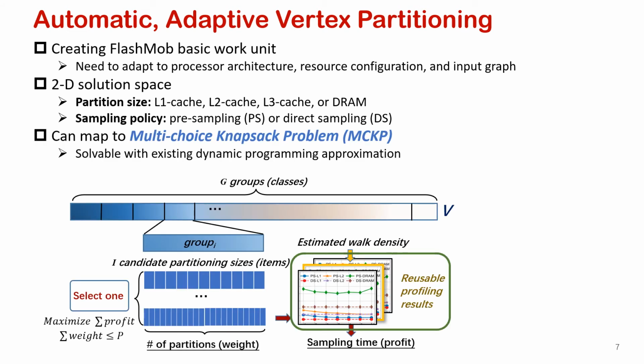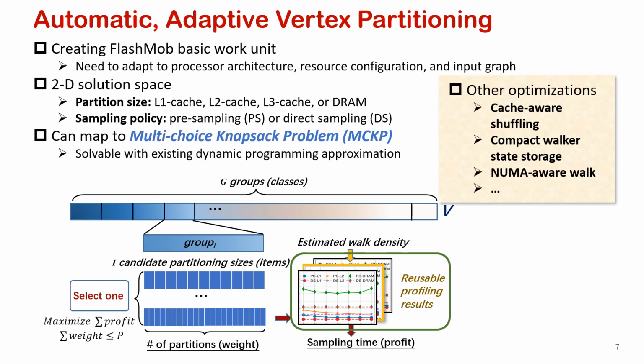Fortunately, we found this maps well to an existing optimization problem called MCKP, the multi-choice knapsack problem. It is NP-hard but has a pseudo-polynomial dynamic programming solution. We won't have time to get into the details here. Please check it out in the paper if you are interested, along with a few other optimizations, such as our cache-aware shuffling and NUMA-related work strategies.